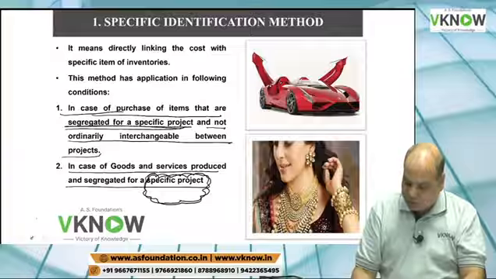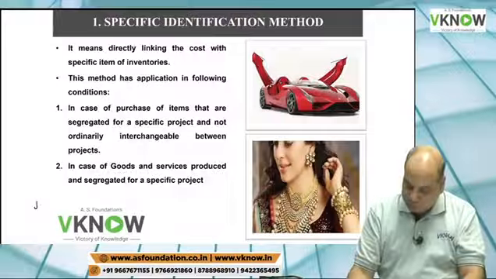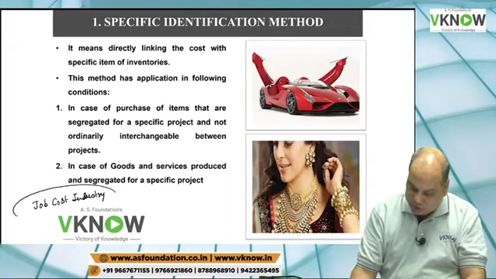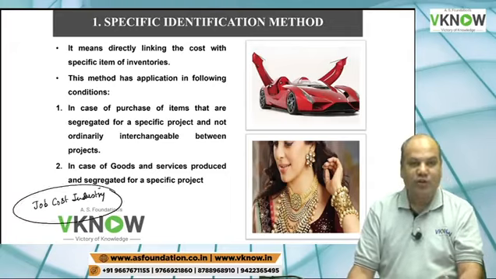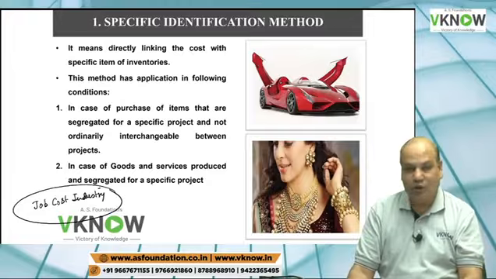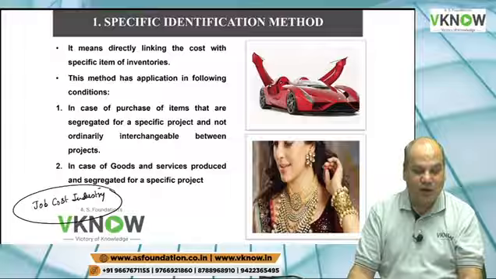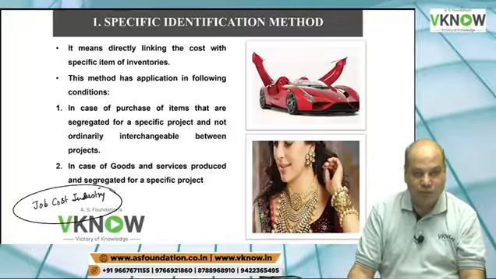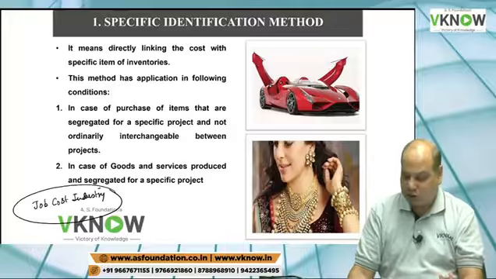So which kind of industry follows this method? You will learn in your costing, job cost industry, like furniture makers who manufacture customized furniture, tailors, jewelry manufacturer, designer bike, designer car. Such industry can follow this specific identification method.